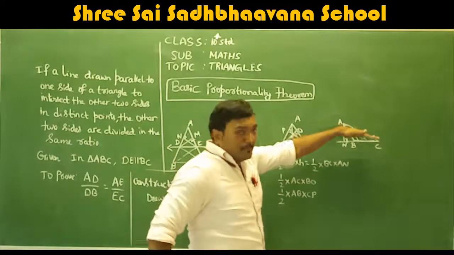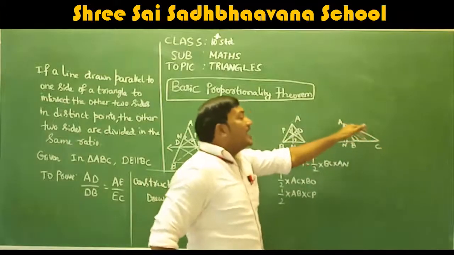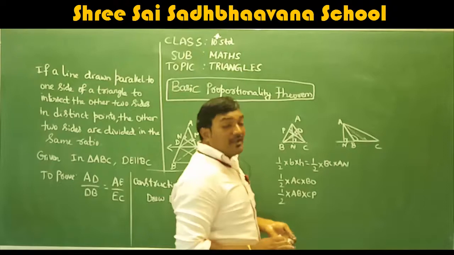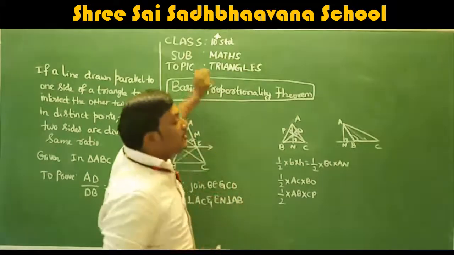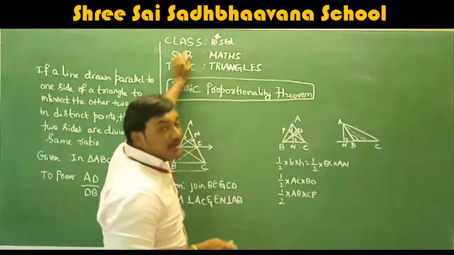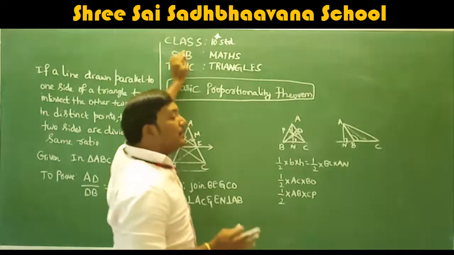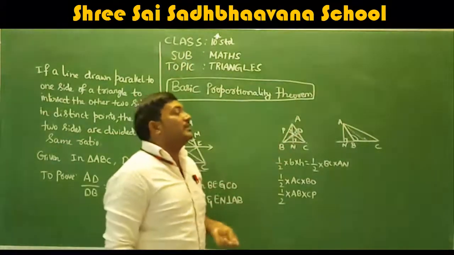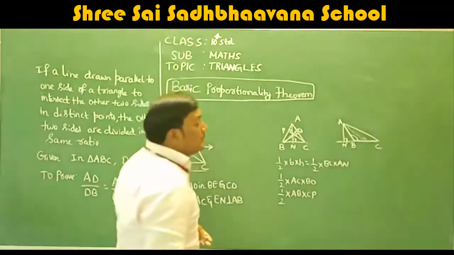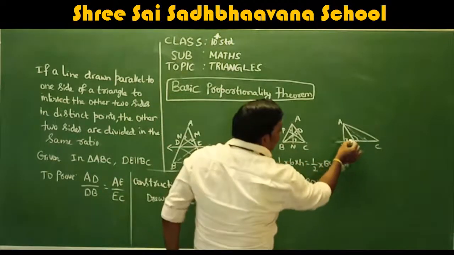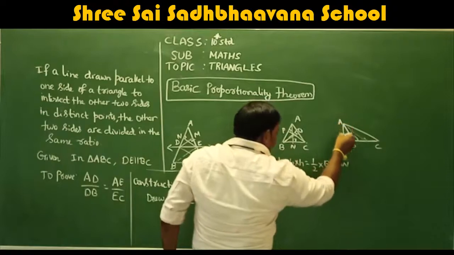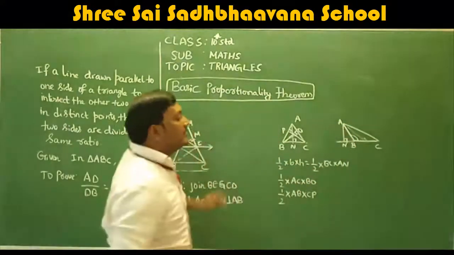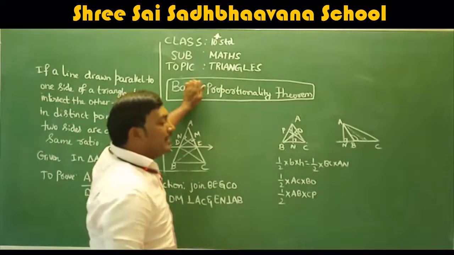BC is the base I am considering, but I cannot draw the perpendicular directly, because it would not make 90 degrees. Perpendicular always means it makes 90 degrees. So I extend the line BC and draw a perpendicular, and it intersects at a particular point, which I take as AN.